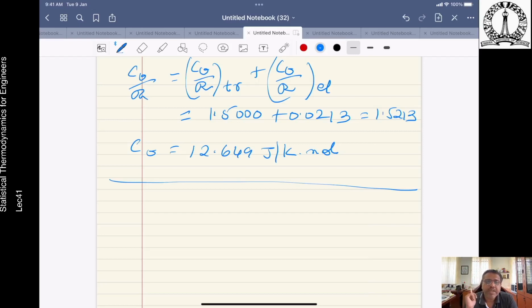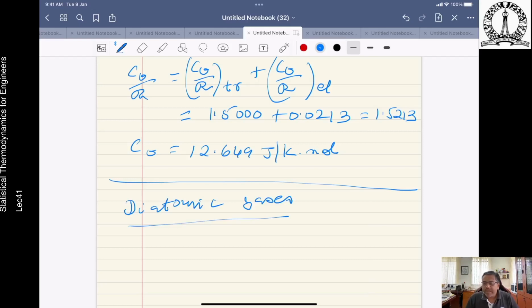For the diatomic case, complete mode separation, if you recall, requires a simple model, the combined rigid rotor and harmonic oscillator model. So using this model, the property calculations can be straightforward. We only need to sum the relevant contributions. In particular, the separate contributions from the rotational and the vibrational modes are merely added to the translational and the electronic modes. So that is what we are going to do.